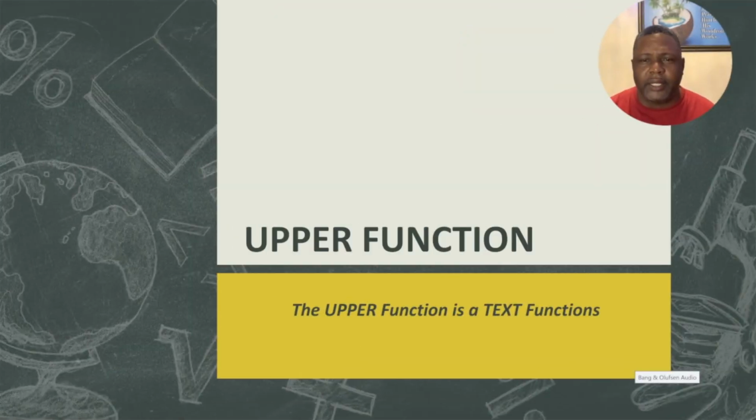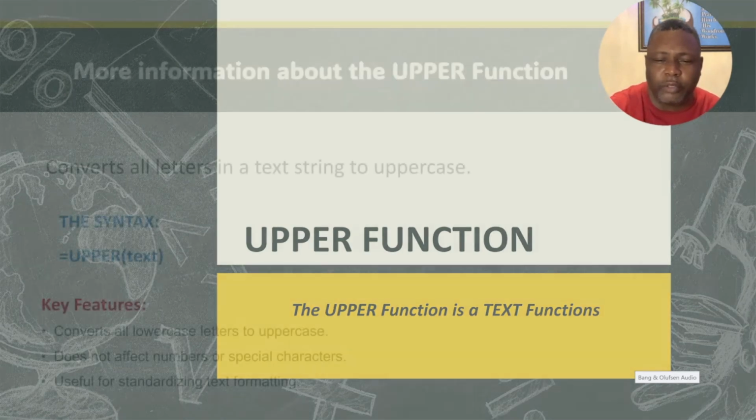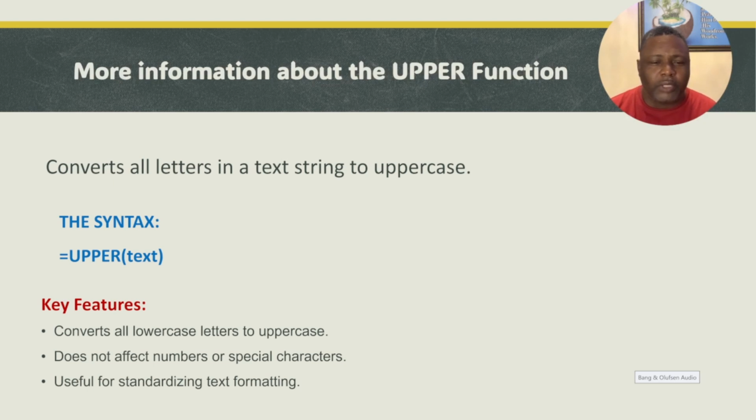All right, the upper function is a text function in Microsoft Excel. What it does is that it converts all letters in a text string to uppercase. So the syntax is equal sign, you type the word upper, you open the bracket and put your text, or you reference your text.